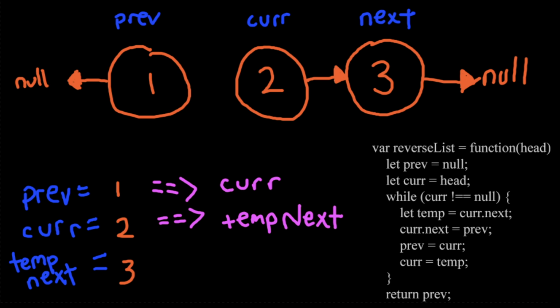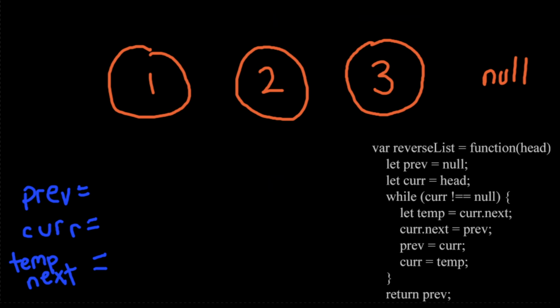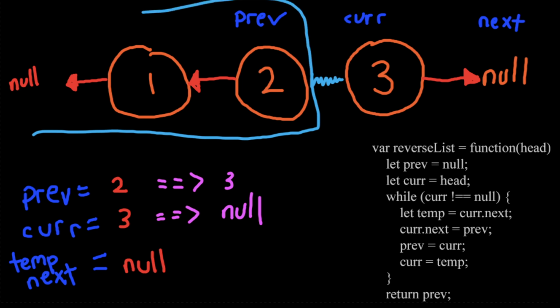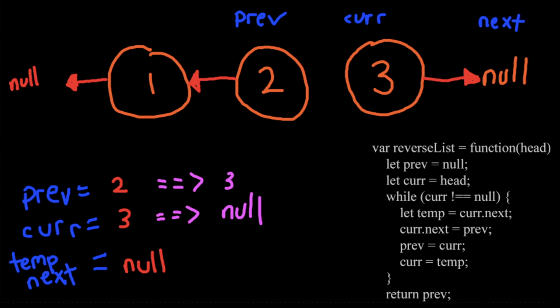So let's take a look at the next step. As we said before, we had severed this connection, and that beginning of the linked list is starting to take hold. And you just have to fix the last bit. So again, we're inside our while loop, and we set the temp to the current next, the temporary next.